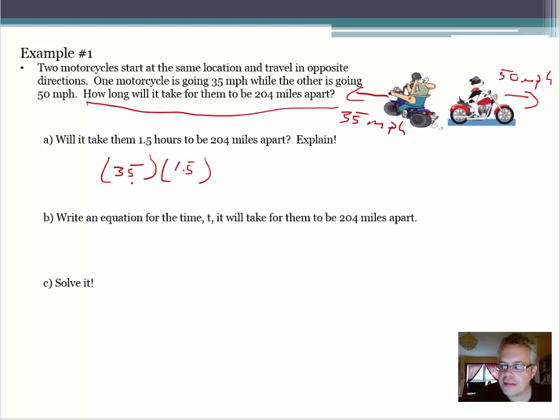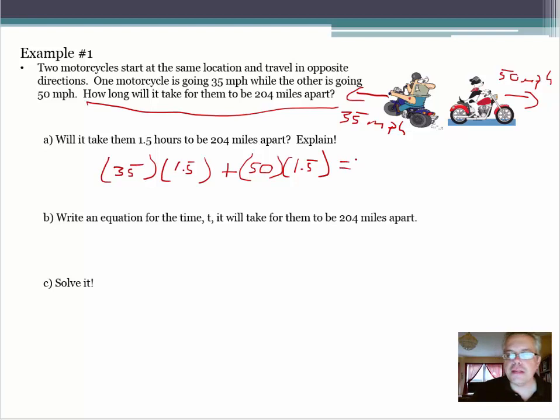It's how fast he's going, miles per hour, times how long he travels. Then the second person, we're going to add to it because their total distance has to be 204. So the second person is traveling at 50 miles per hour, and after 1.5 hours, they've traveled 50 times 1.5.